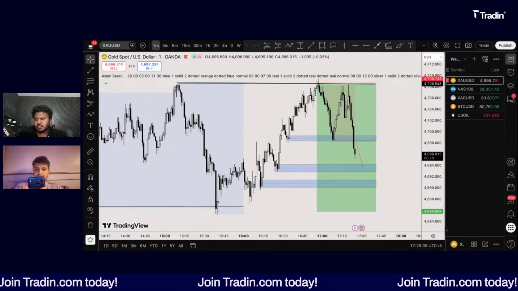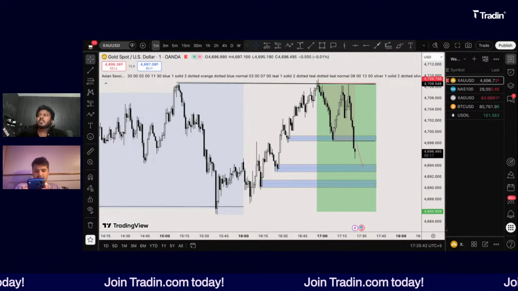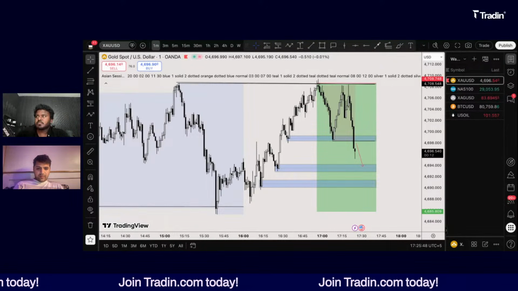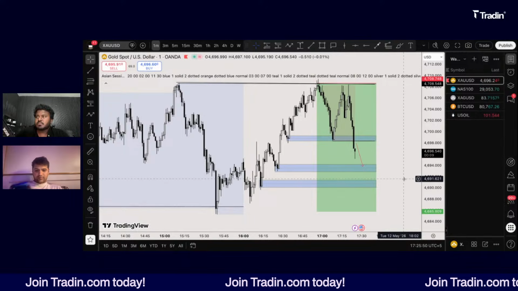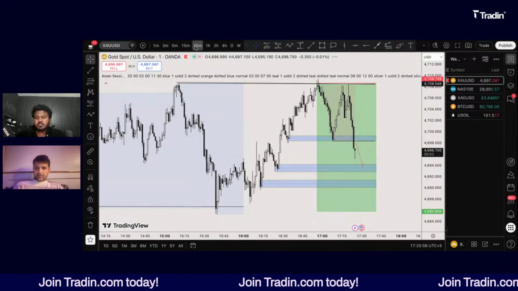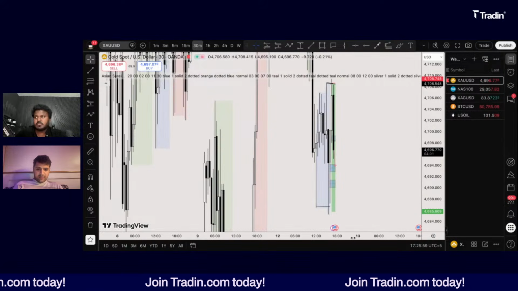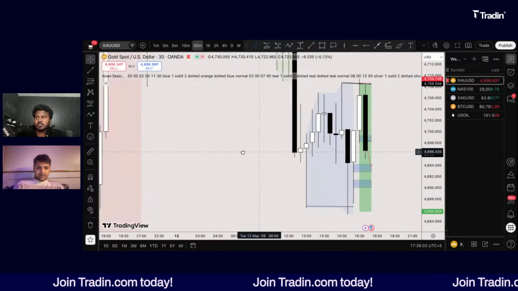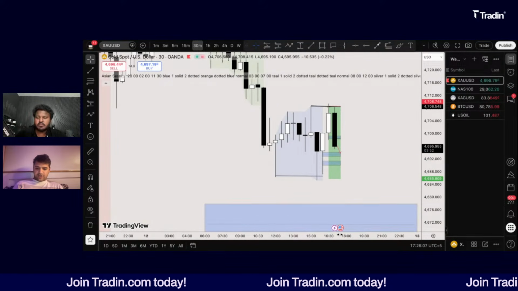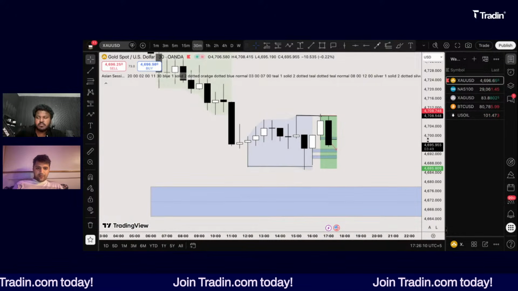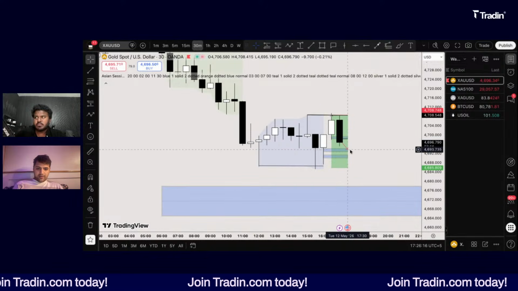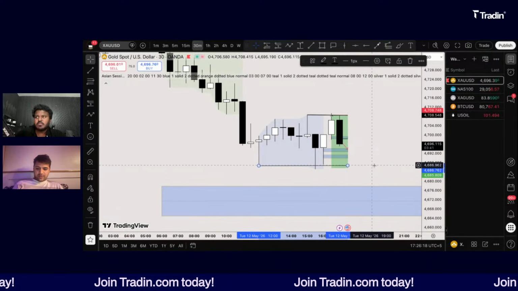Let's look at the 30-minute time frame as well, because I'm too focused on the 1 minute right now. Look at this 30-minute candle closing impulsively bearish. If this 30-minute can close below the previous 30-minute low, it will be dropping to take out these lows.